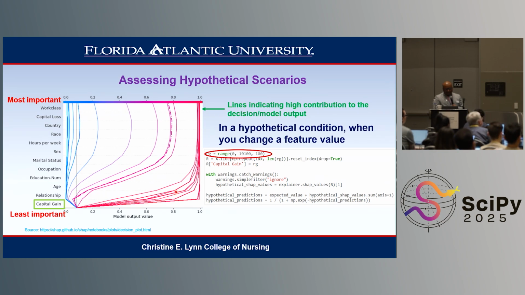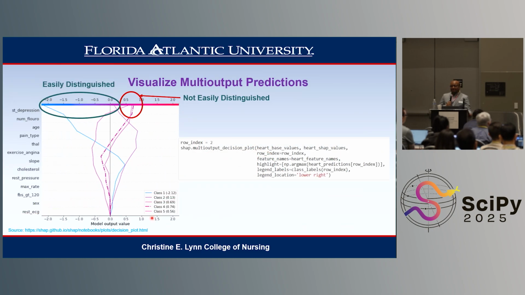Originally capital gain is very much at the bottom, contributing almost nothing to the decision. However, under hypothetical values with the changed range, it becomes one of the major contributing factors in the model decision. It is obviously erroneous; some problem happens.